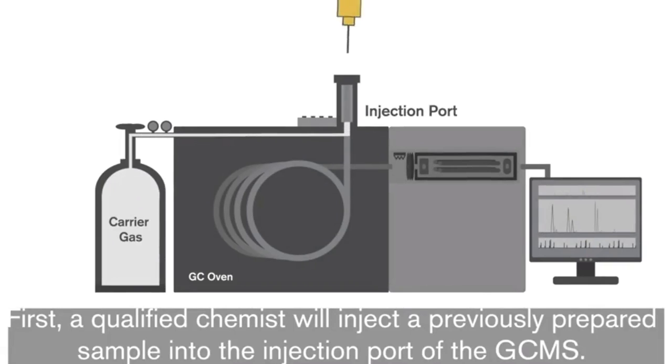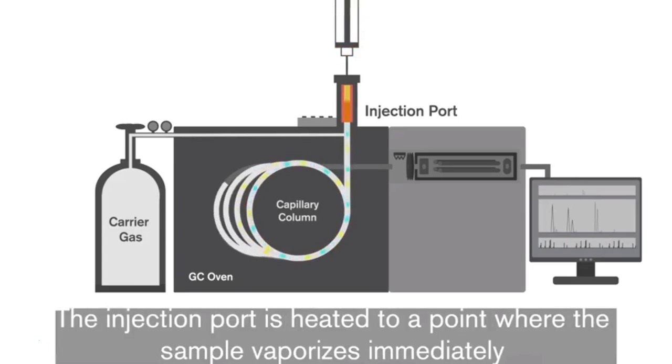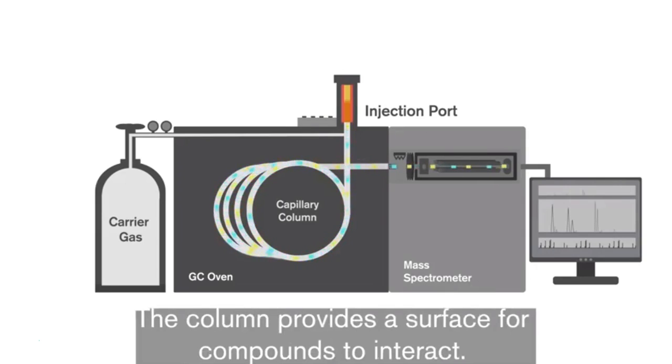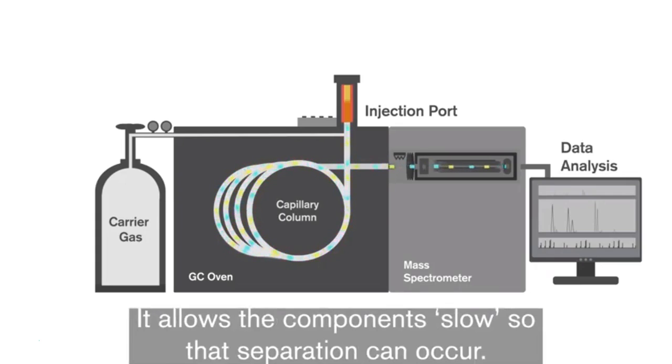First, a qualified chemist will inject a previously prepared sample into the injection port of the GCMS. The injection port is heated to a point where the sample vaporizes immediately and is passed through a column with the help of an inert carrier gas. The column provides a surface for compounds to interact. It allows the components to slow so that separation can occur.